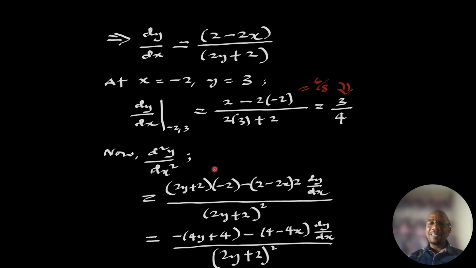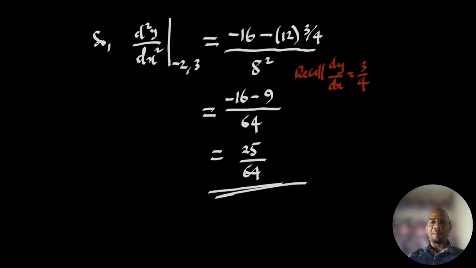Applying the quotient rule gives us the second derivative, and imputing minus 2 and 3 gives us 25 over 64 as the second derivative at coordinates minus 2 and 3 of our given problem.